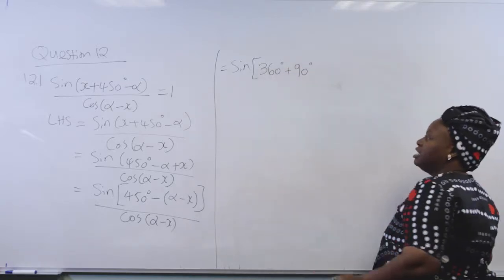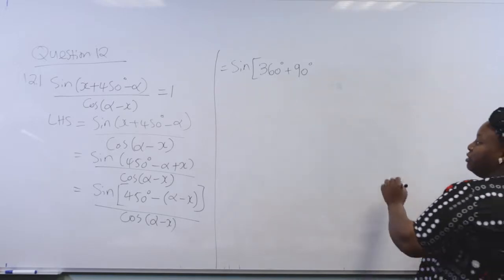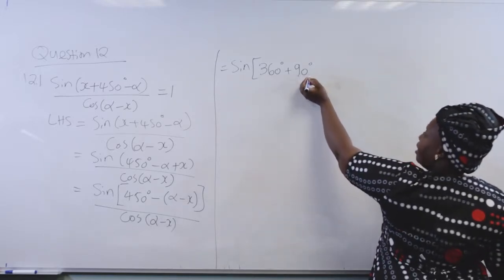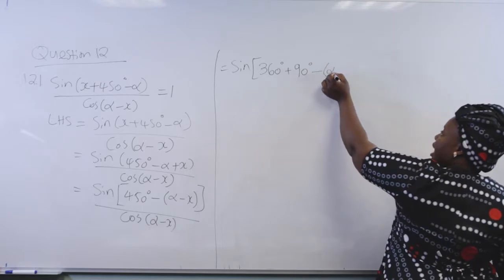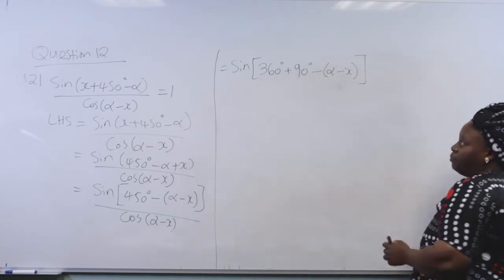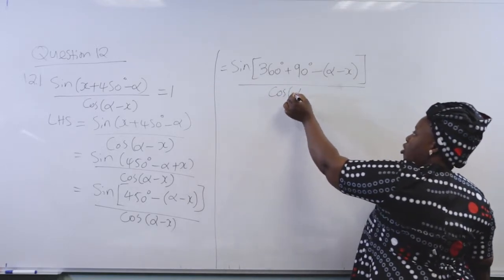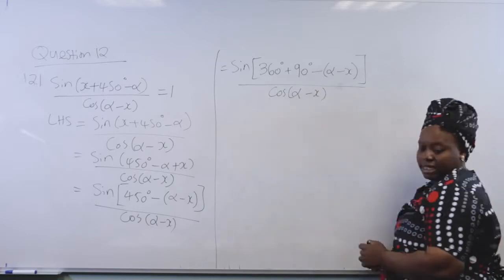If I say 360 plus 90, I will definitely get there, 450. But this 90 must have this angle alpha minus x on it. And we have to divide this by the cos of alpha minus x.